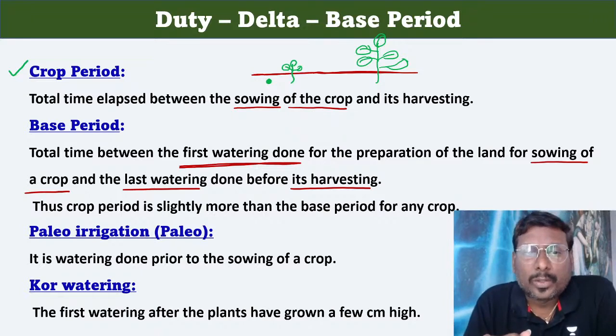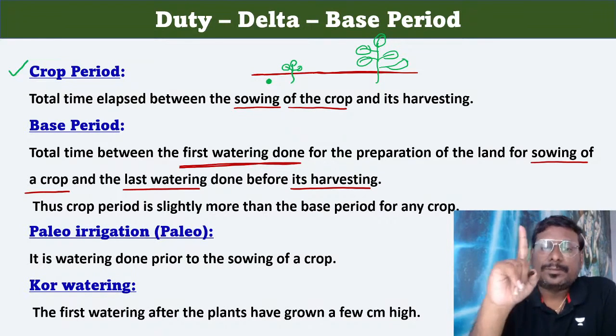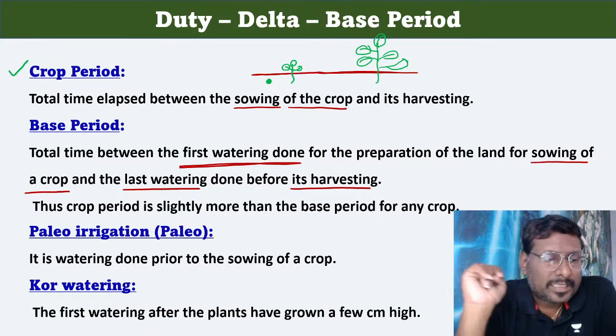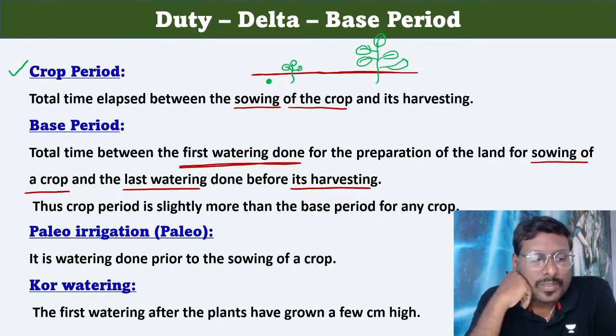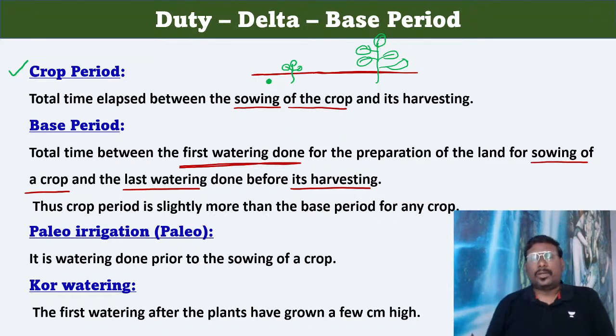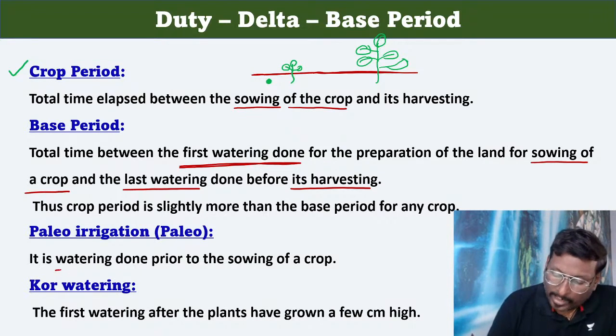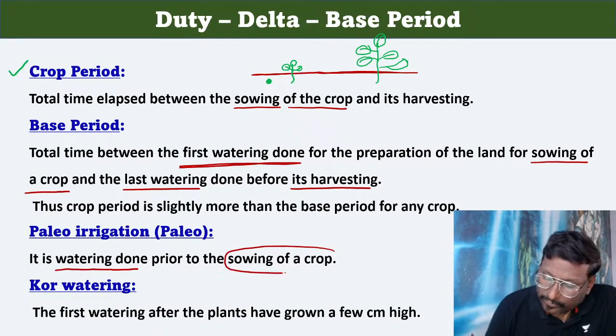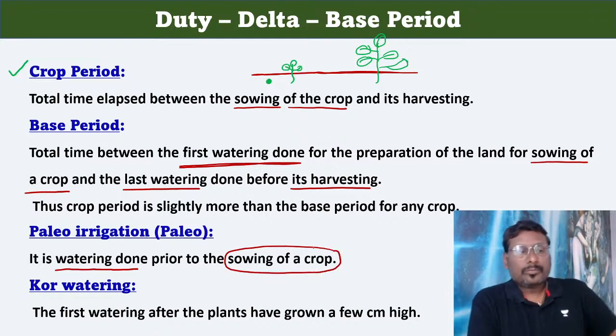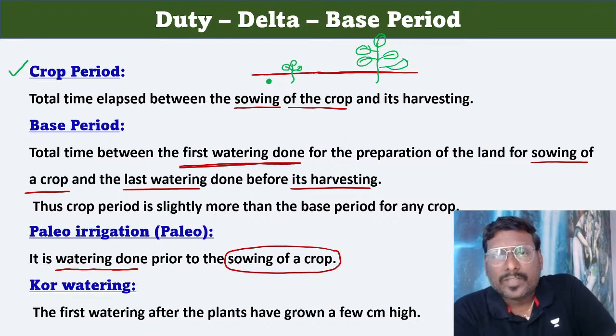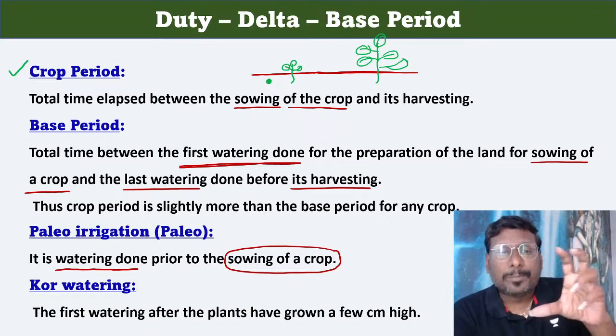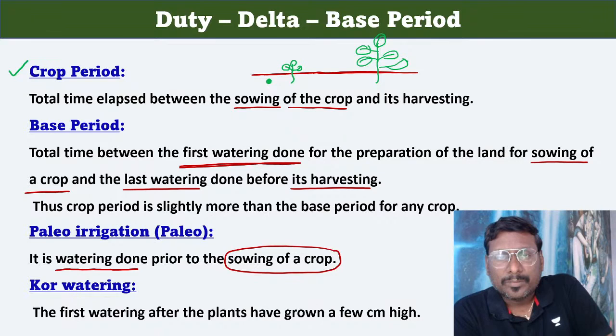Now, paleo irrigation. What is meant by paleo? First irrigation, we call it paleo irrigation. Watering done prior to sowing of crop, before inoculation of seed. You do land preparation.